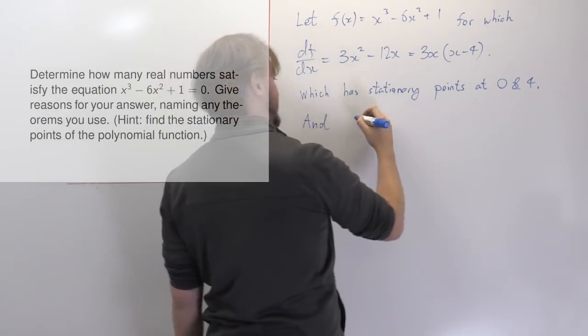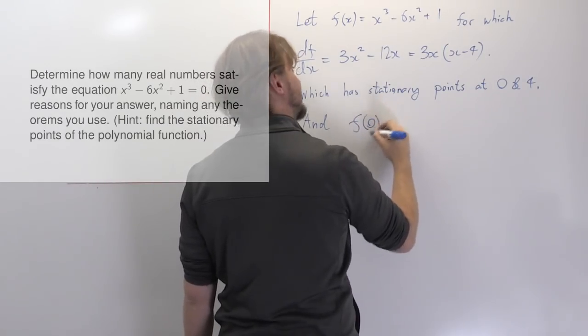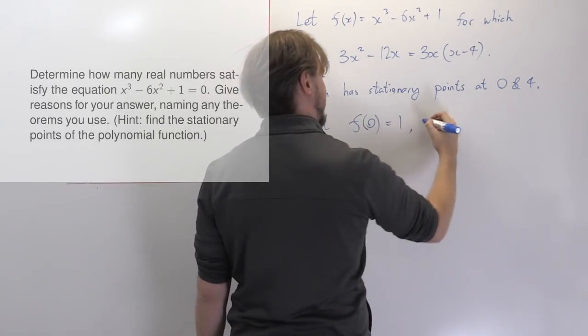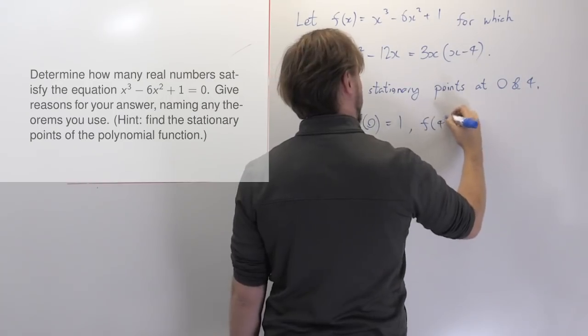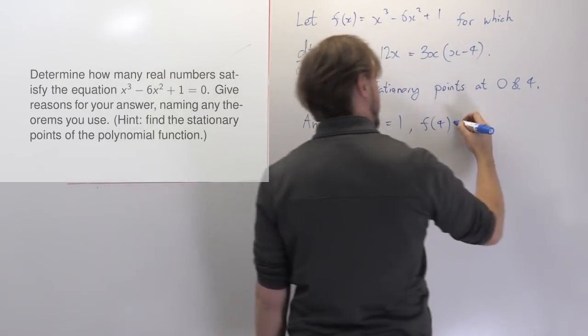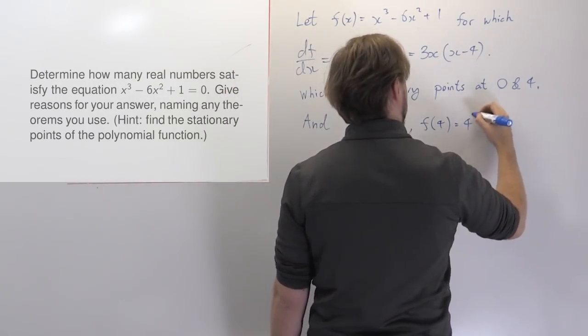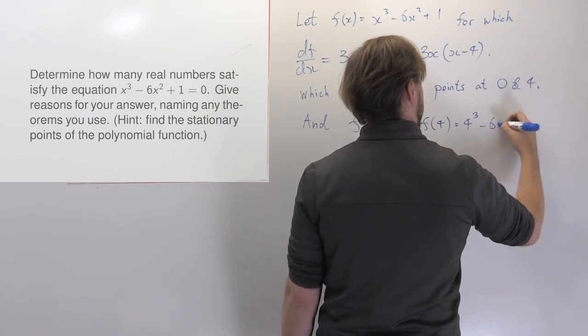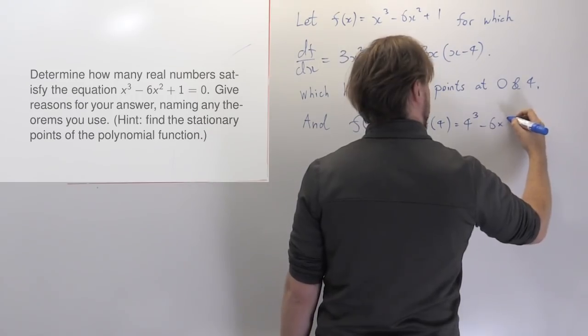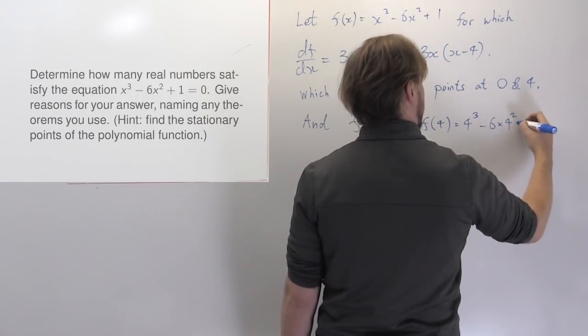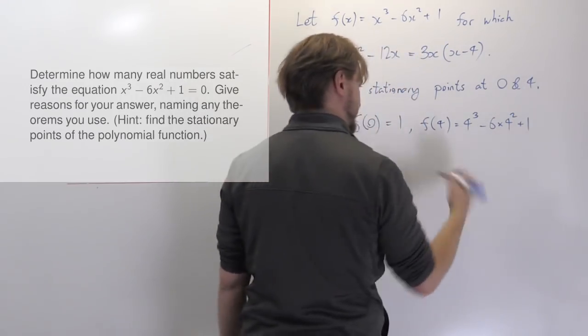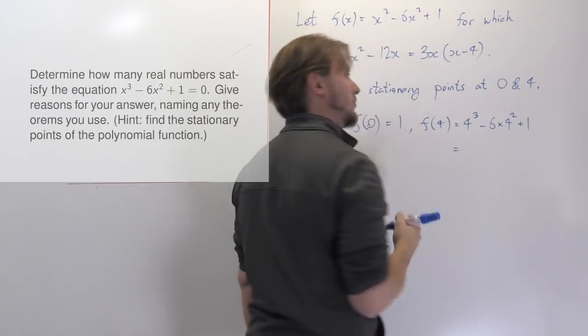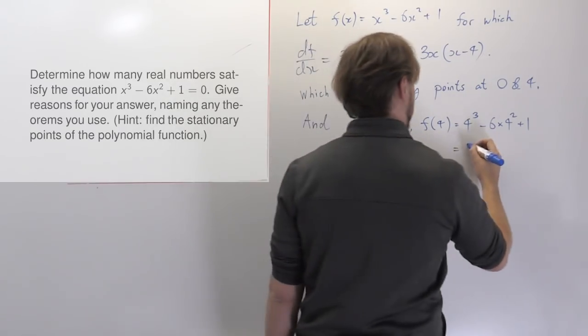So what do we have? f of 0, well that's easy to calculate, it's 1. And f of 4, it's not as easy. It is 4 cubed minus 6 times 4 squared plus 1. 4 cubed is 2 to the 6, which is 64.